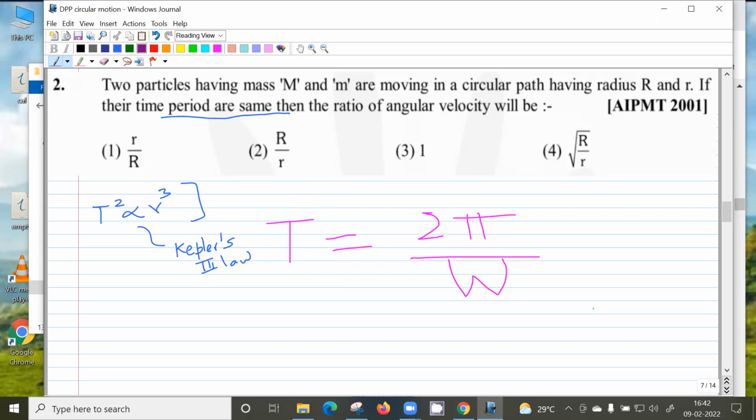So it's 2 pi r by the velocity of m. Straight away we got the answer. In the ratio of the angular velocity, the angular velocity is 1:1.